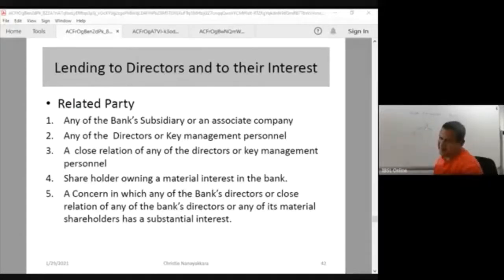So they have 3 companies who have funded this bank as shareholders, and they have directors representing them in the bank on the basis of their shareholding.